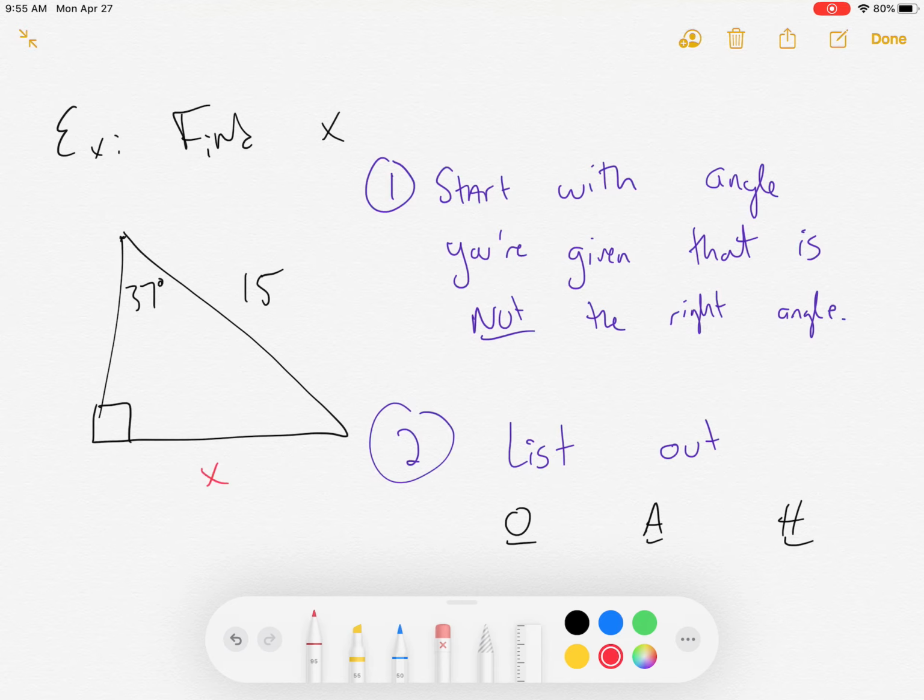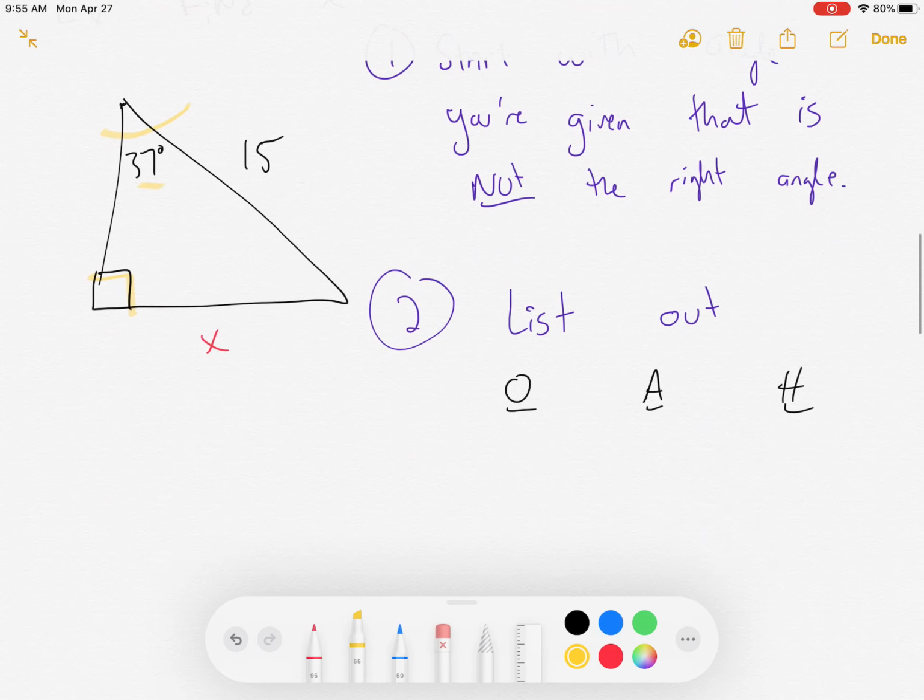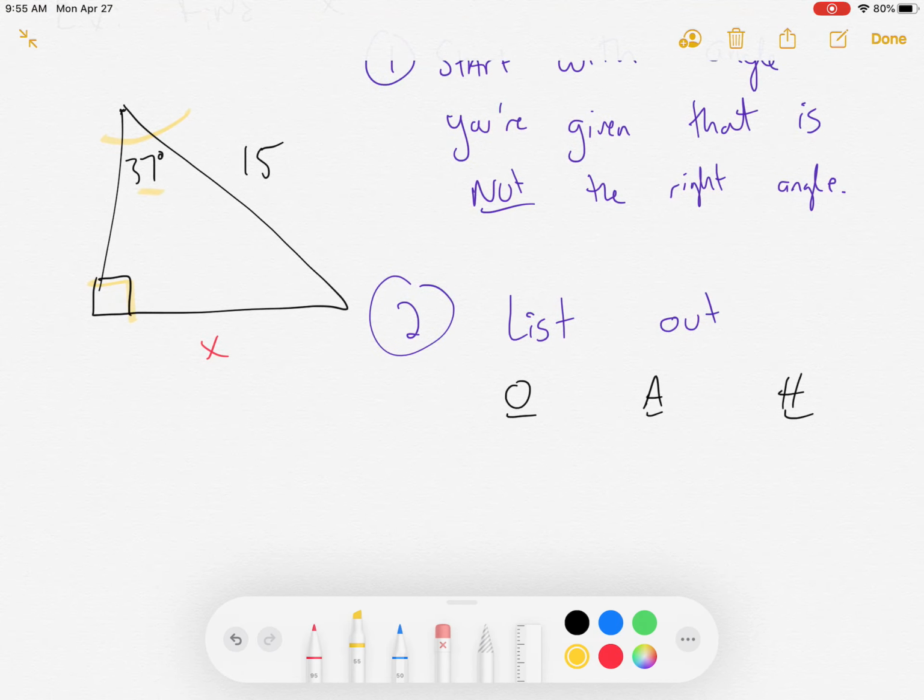So start with the angle that you're given that is not a right angle. We're given two angles technically. We have a right angle, but that just tells us we can use trig. And then we're given this angle, the 37. That's the angle we're going to put everything in terms of. So I'm going to list out O, A, and H in terms of 37.